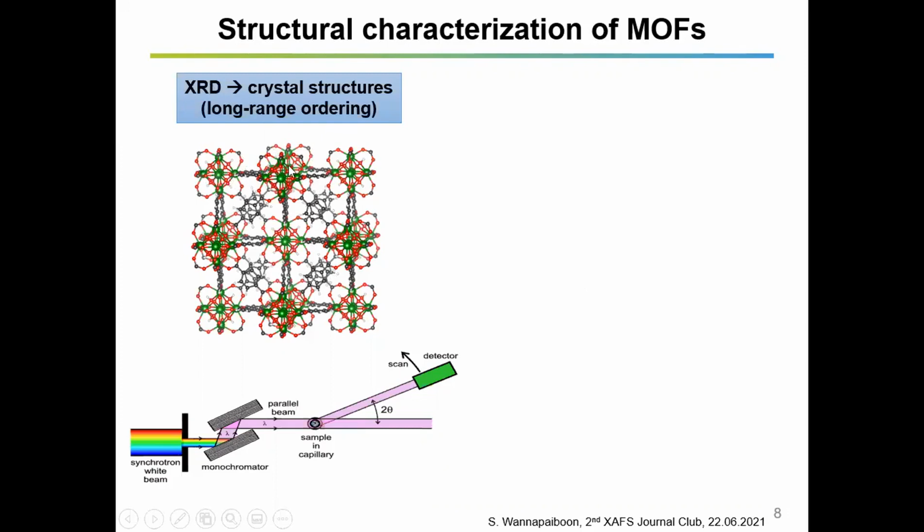But if we would like to get into the details of what happens in the metal node, or the binding between the metal node and some specific organic ligand that we put in, and also some kind of target molecule, X-ray diffraction may not be a straightforward way to get information like that.